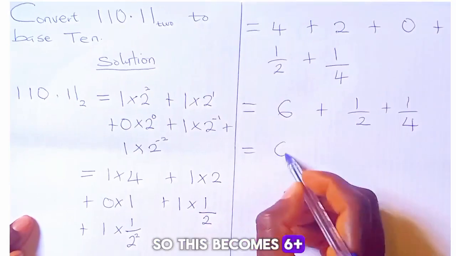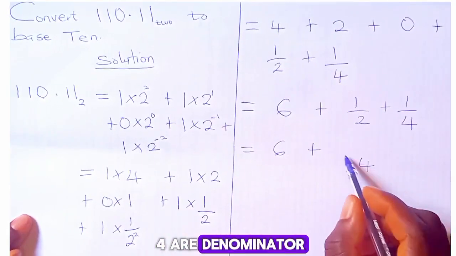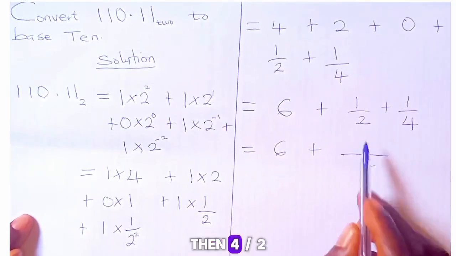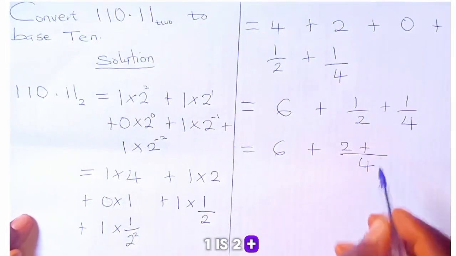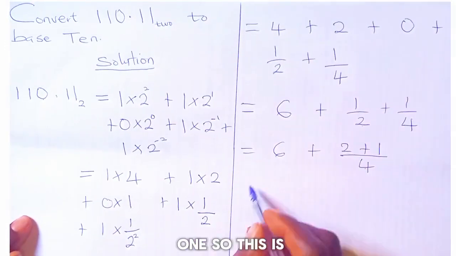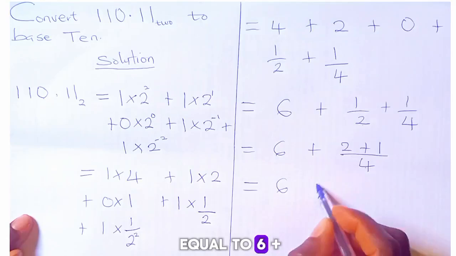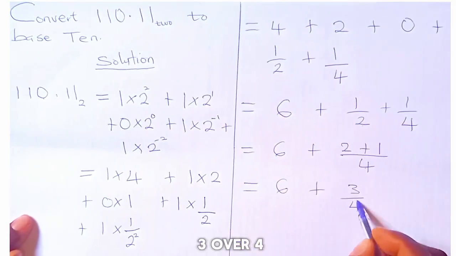So this becomes 6 plus 4 as denominator. Then 4 divided by 2 is 2, 2 times 1 is 2, plus 4 divided by 4 is 1, 1 times 1 is 1. So this is equal to 6 plus 3 over 4.